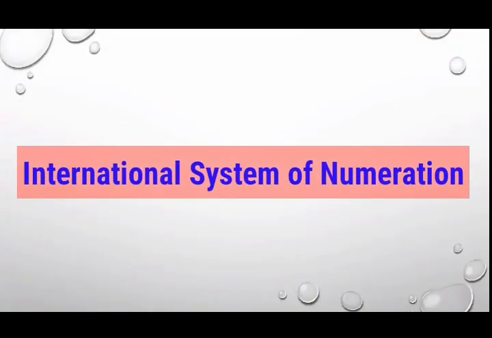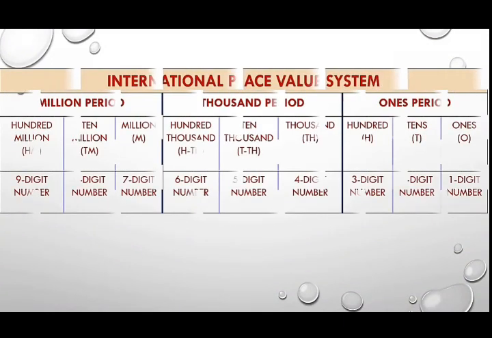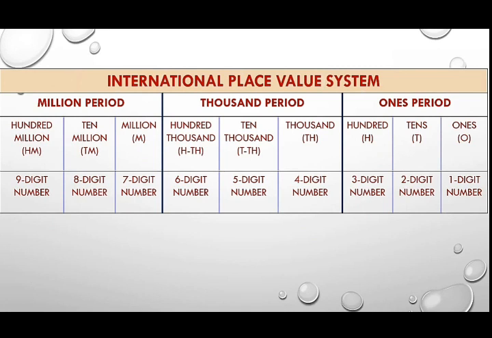Now we are going to learn one more system of numeration, that is international system of numeration. This system of numeration is used worldwide. Let us see place value chart of international system of numeration. In this system, in extreme right, we have ones period which has three places, that is ones, tens and hundreds, just like Indian system.